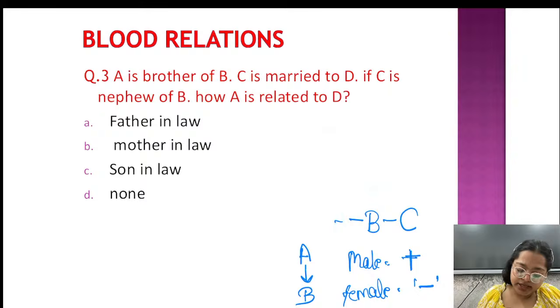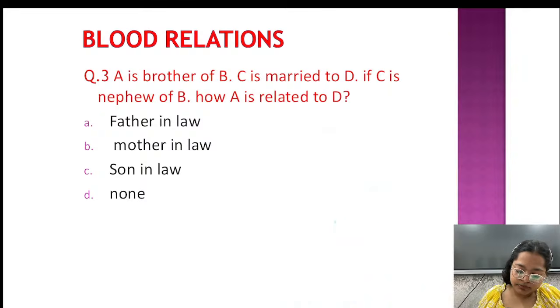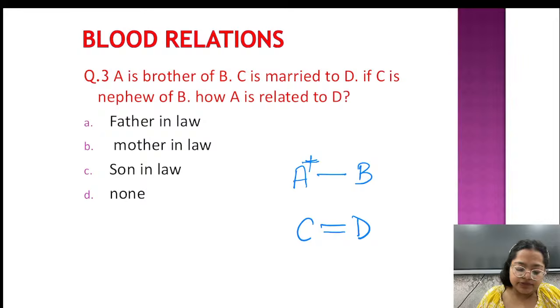What the question says: if A is the brother of B, so obviously A is a male person, that's why we put plus on A. C is married to D. Okay, so C is married to D. If C is nephew of B, now A is brother of B, so obviously C is the son or daughter.